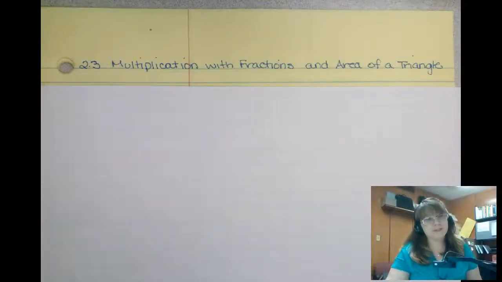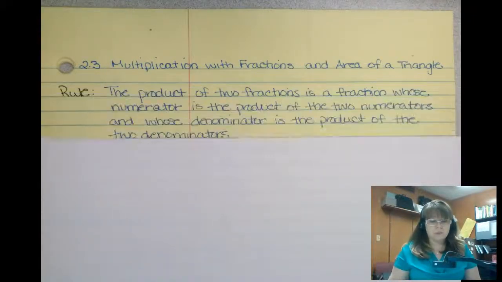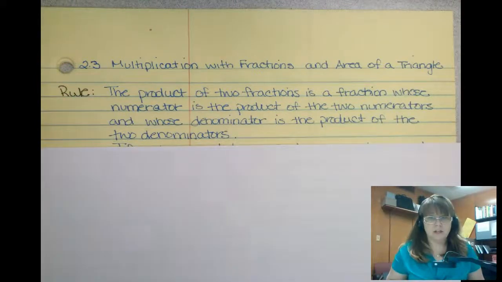Welcome to Lecture 2.3, Multiplication with Fractions and Area of Triangle. So the rule is, the product of two fractions is the fraction whose numerator is the product of the two numerators and whose denominator is the product of the two denominators.